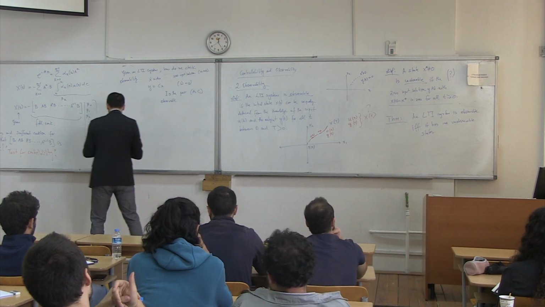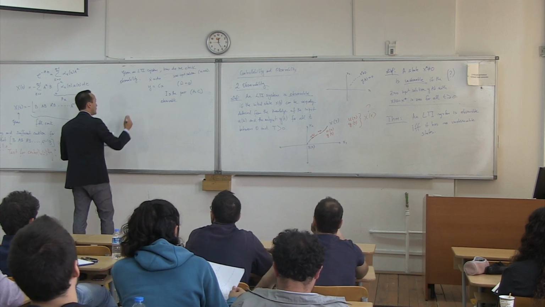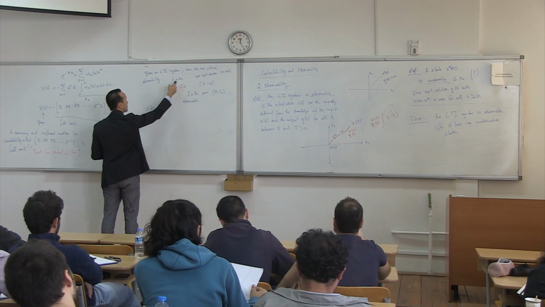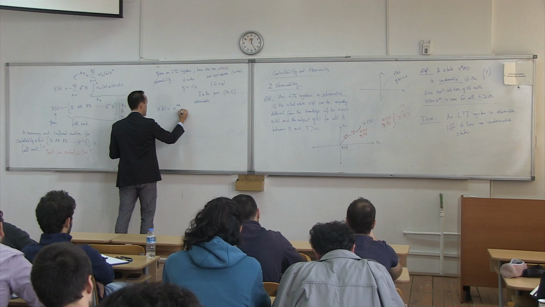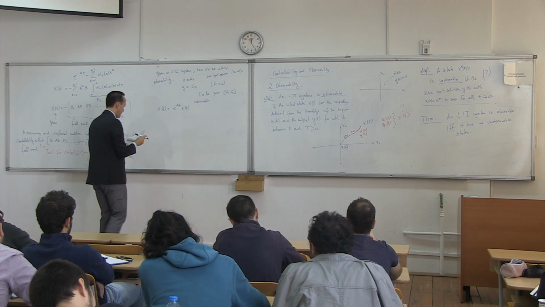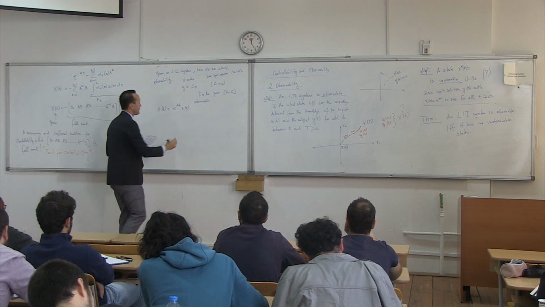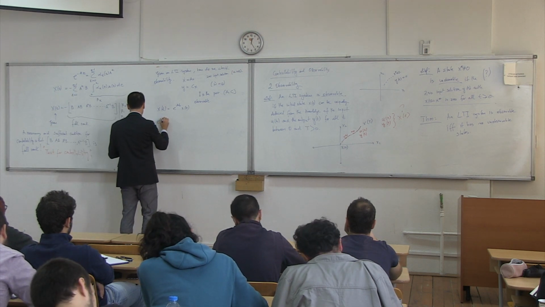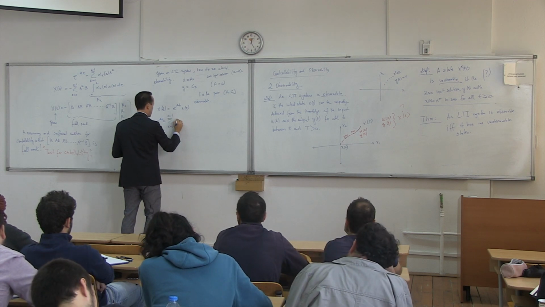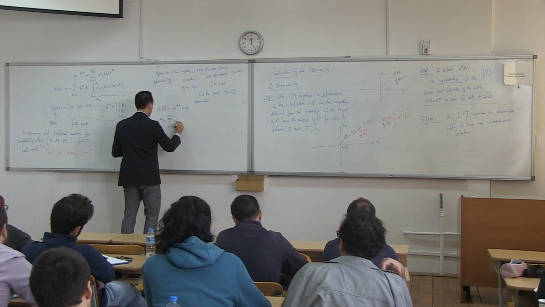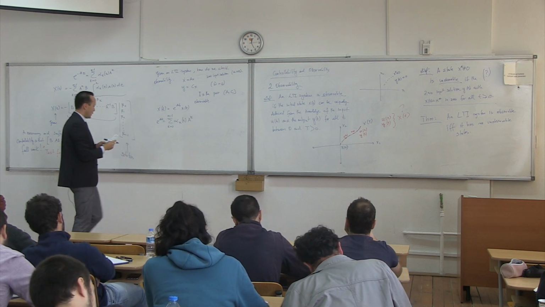Okay, so this is how we approach the observability problem. x of t, given the zero input solution, is equal to e to the power At times x0, right? Again, like we did previously without control. And we have also shown that e to the power At is equal to the sum from 0 to n minus 1 of alpha k of t times A to the power k. All right?